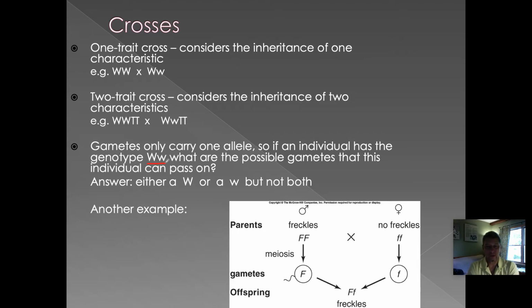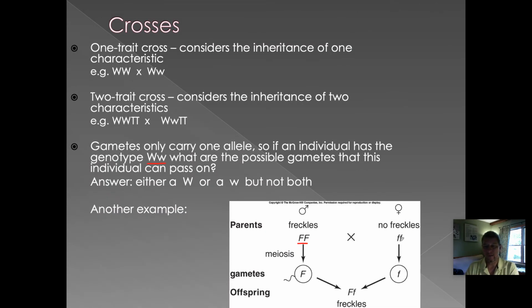In another example, back to the freckle example. If the father has freckles and is homozygous dominant, the only type of sperm that he can produce will contain the dominant allele. There's no option for him to produce a recessive allele because he's homozygous dominant.